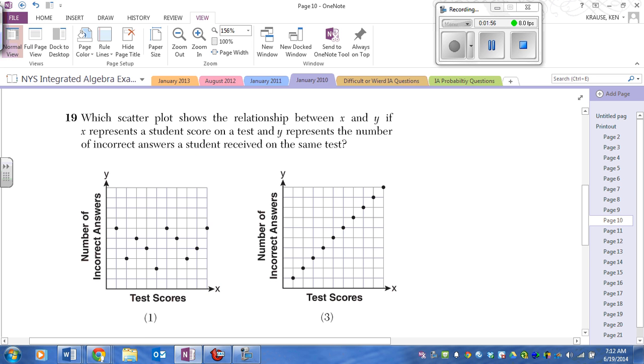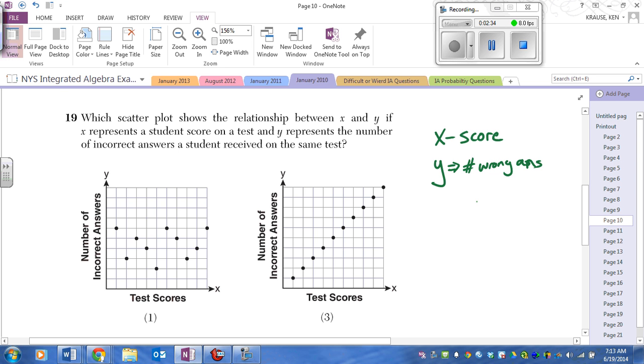Next one. X represents a student's score on a test, and Y represents the number of incorrect answers a student received on the same test. So let's think about this for a second. X is the score, and Y is the number of wrong answers.